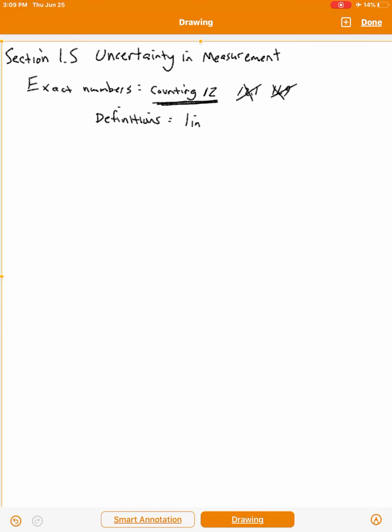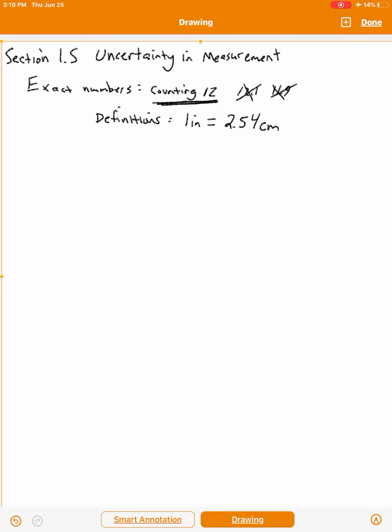You ever wonder, like, how do we decide what an inch is? How do people decide that? Well, it turns out the inch these days is defined based on the centimeter. An inch is defined as exactly 2.54 centimeters. So no one would say it's 2.541 or 2.539. It's exactly 2.54. That's a definition.